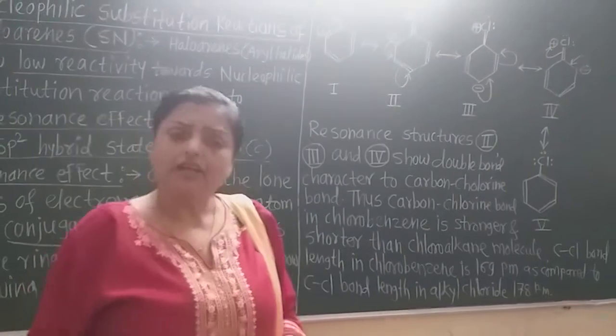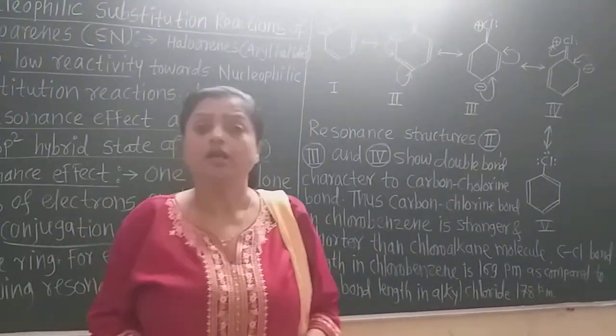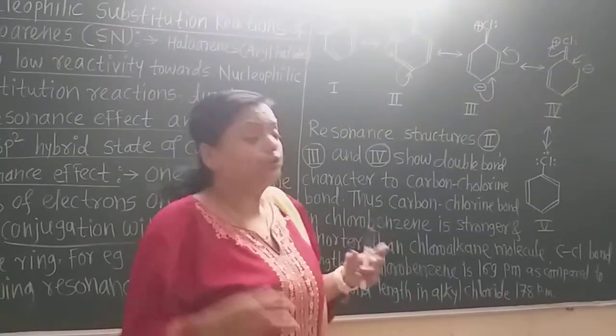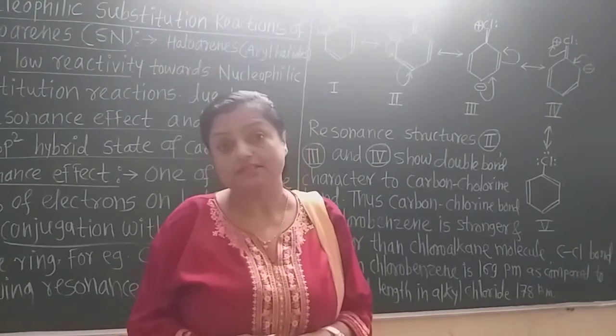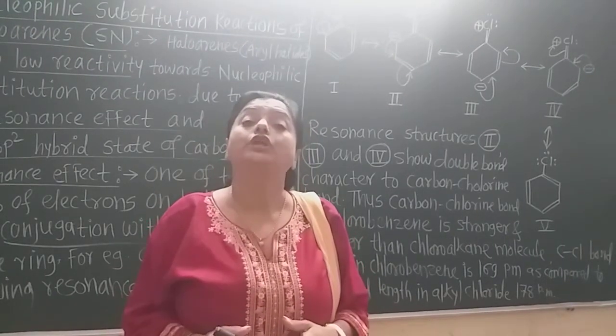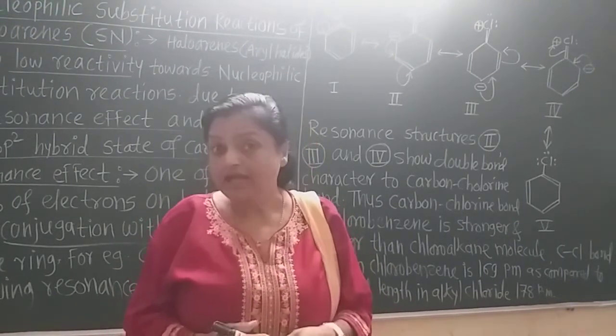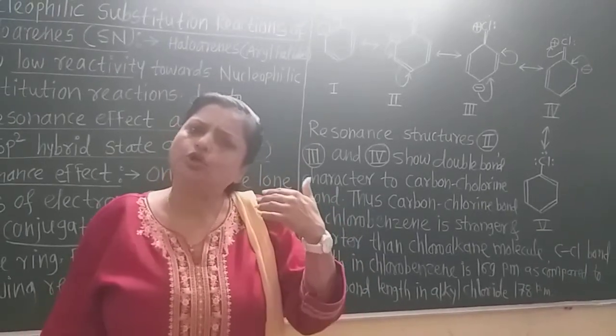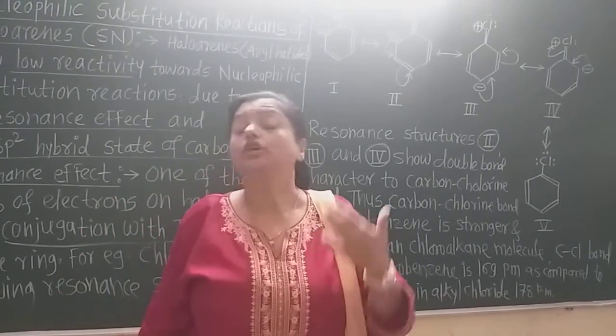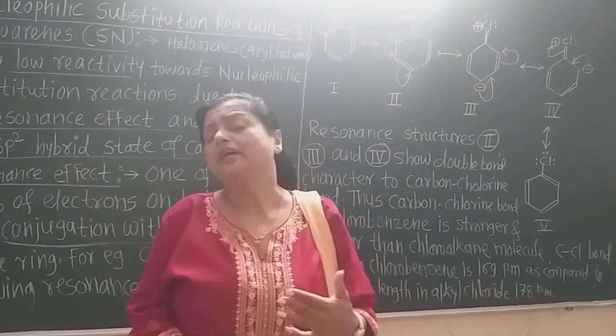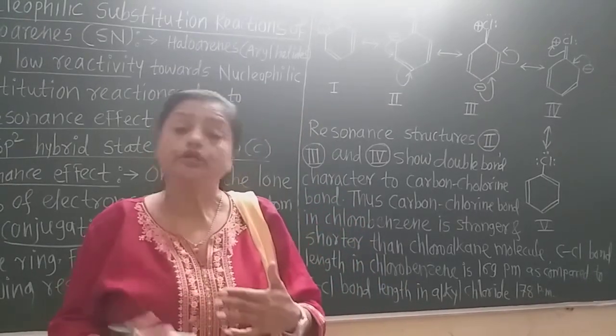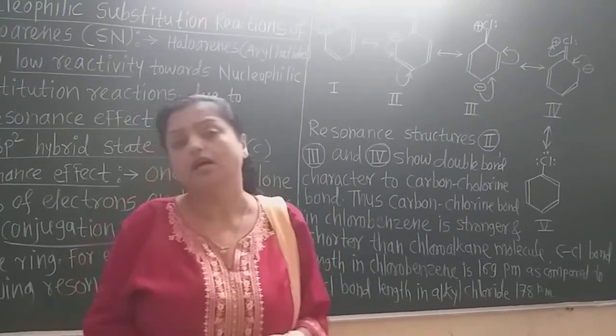Now in this way, students, what happened here? Due to the 5 different resonating structures, this chlorobenzene molecule is very stable, and it has very low reactivity toward nucleophilic substitution. That means it does not easily undergo nucleophilic substitution reaction. That is the point.